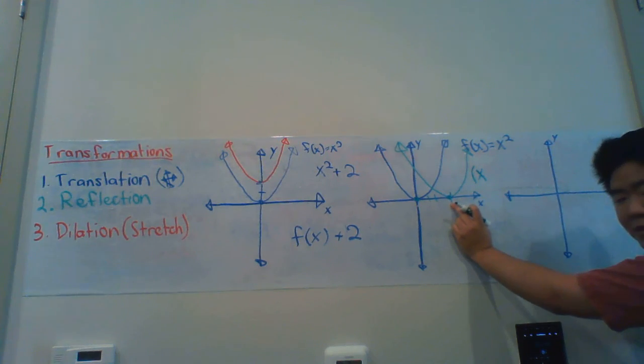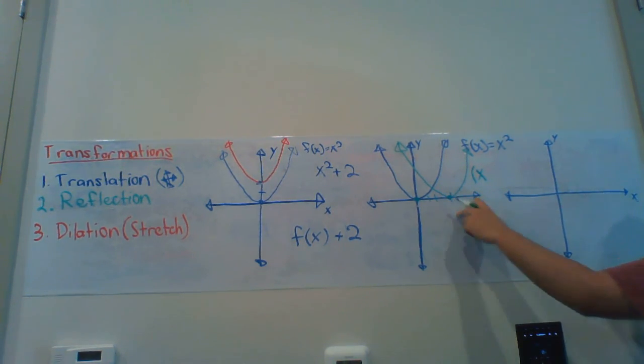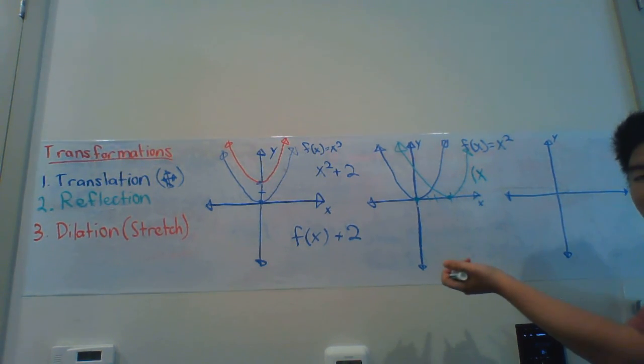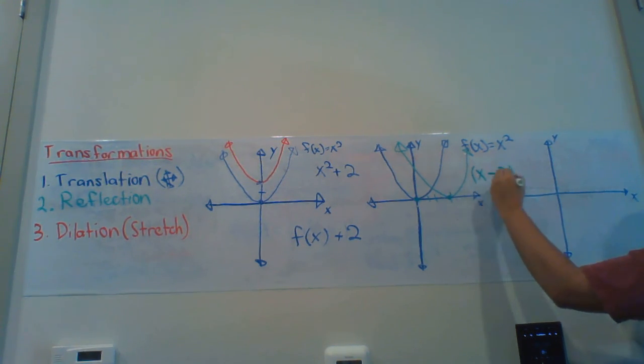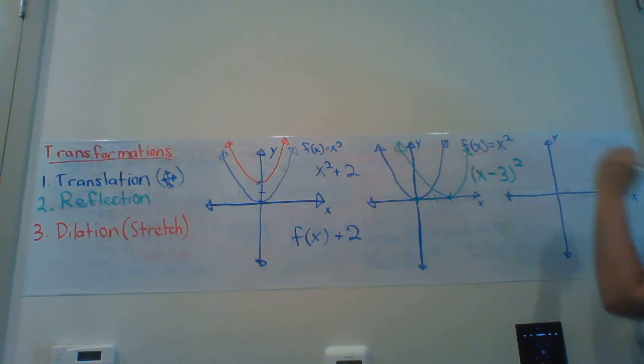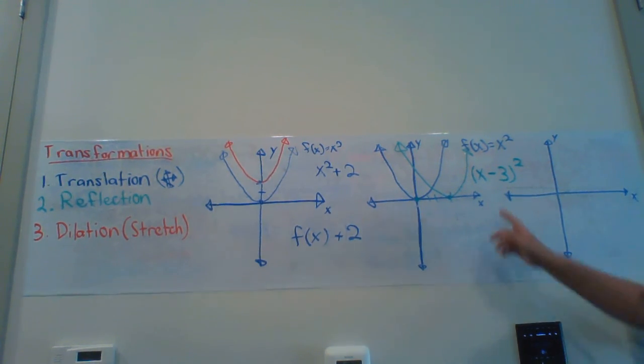Right? I think it's going to be plus 3. But if I'm in the parentheses, I have to flip the sign. So instead of plus 3, it has to be a minus 3. And then don't forget that squared on top. And that's kind of what we did yesterday, right?